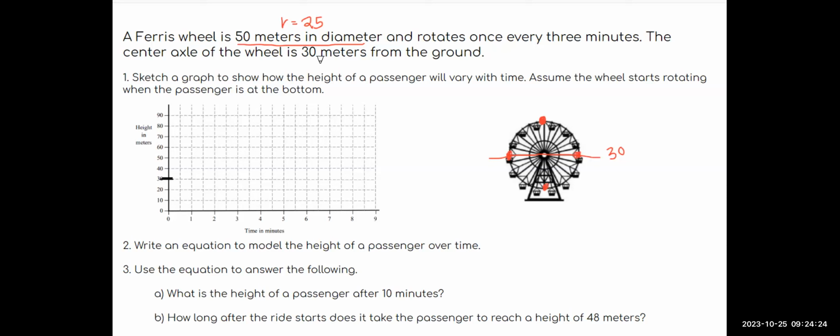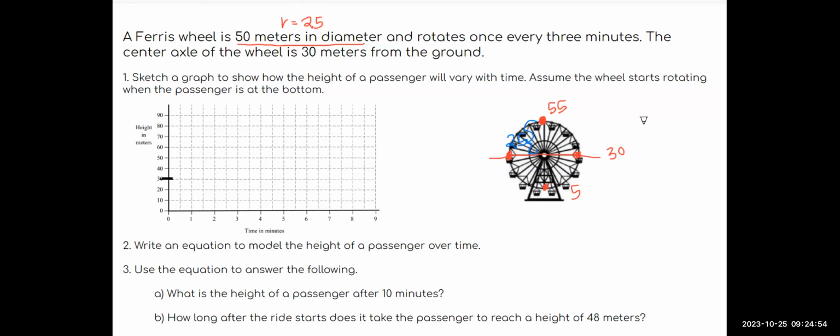Yep, so the radius is 25. So then we can use that to find the height at the top and the height at the bottom. So 30 plus 25 is 55. 30 minus 25 is 5. Okay, so that hopefully makes sense.